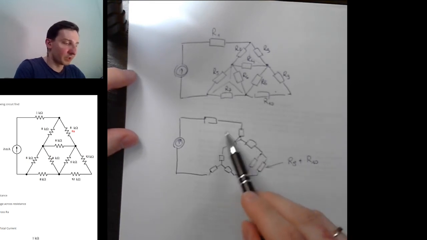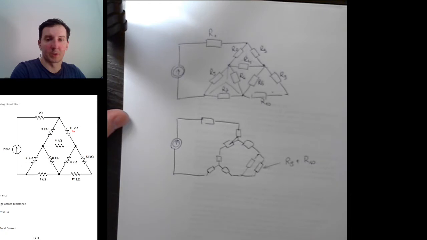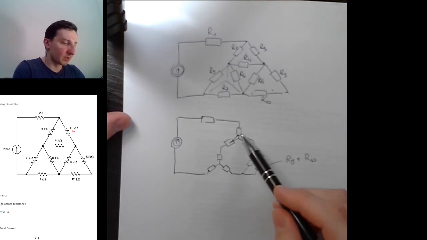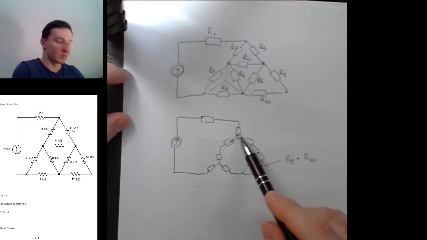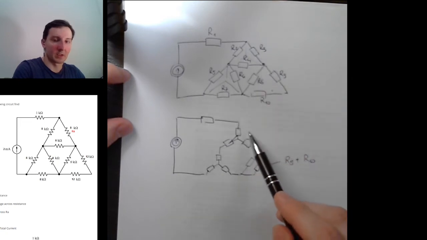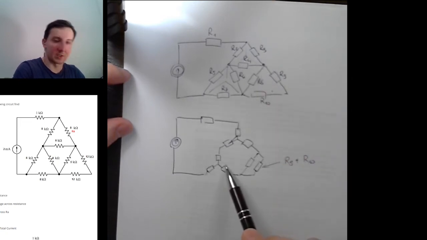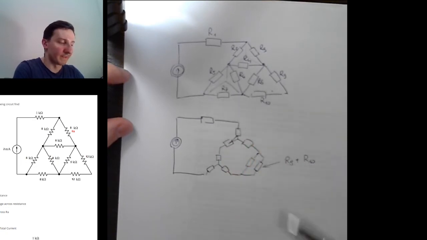Values for each of these resistors you can of course calculate from the formulas that are given in the materials. So this resistor is calculated from this triangle, and so on. These resistors are calculated from this triangle.